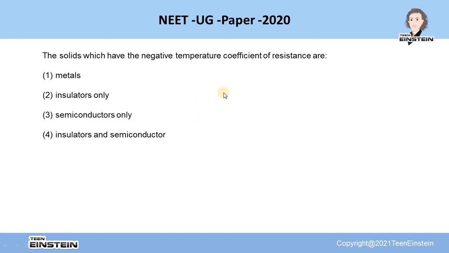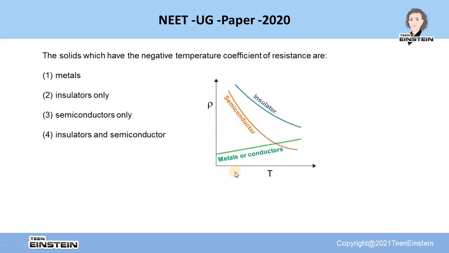So before we answer it, we can recollect the temperature variation of resistance or resistivity for various types of materials. Look, this curve exhibits the temperature variation of resistivity rho, and we know resistivity and resistance are directly proportional to each other.